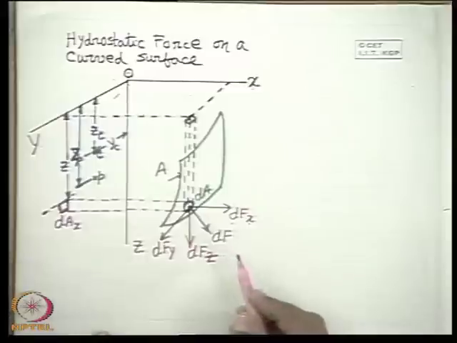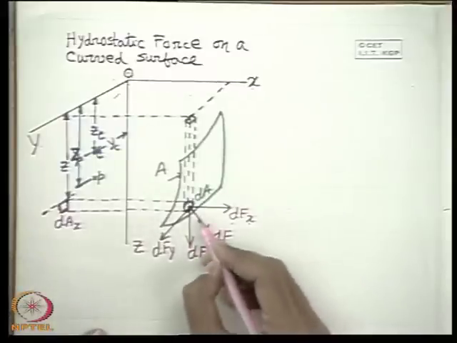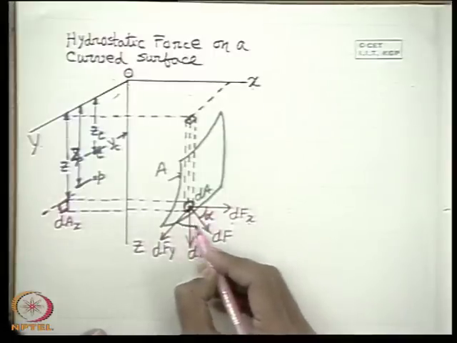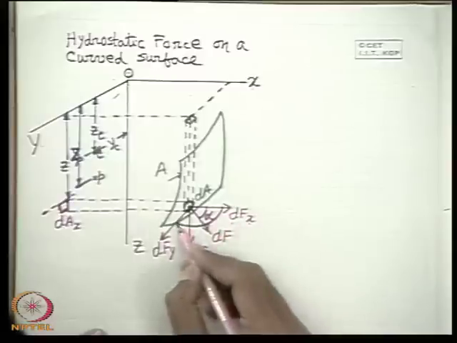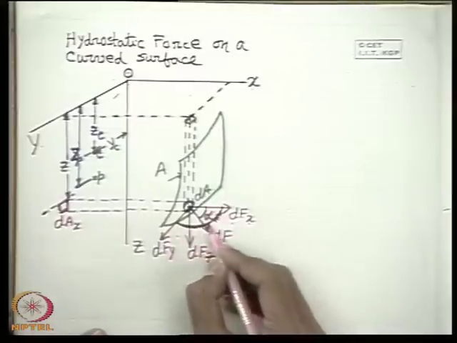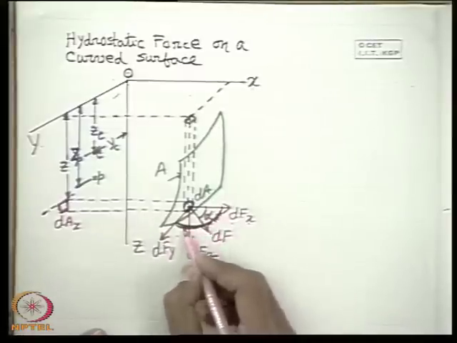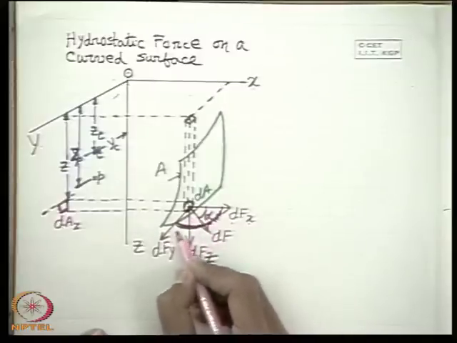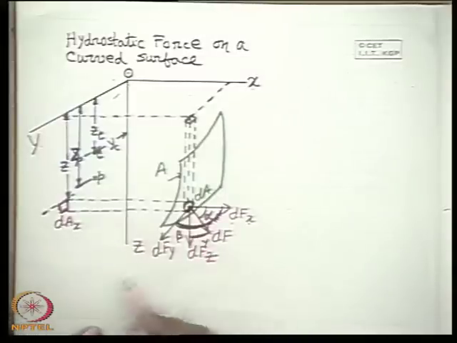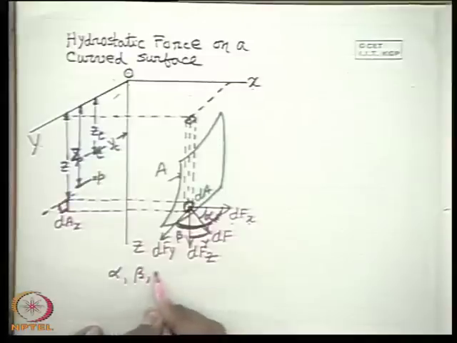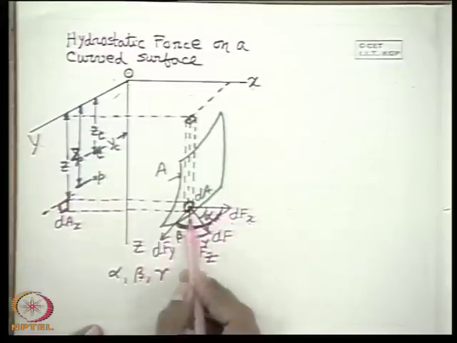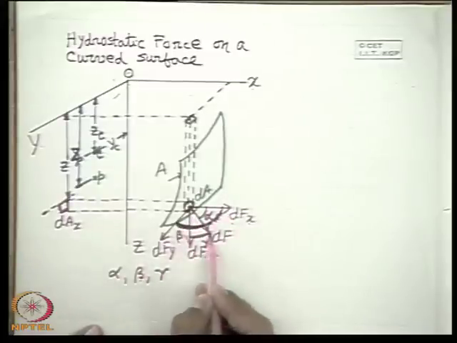Now, assume that the normal to this surface makes an angle alpha with the x axis, an angle beta with the y axis, and an angle gamma with the z axis. That means alpha, beta and gamma are the angles made by the normal to this area with the x axis, y axis and z axis.